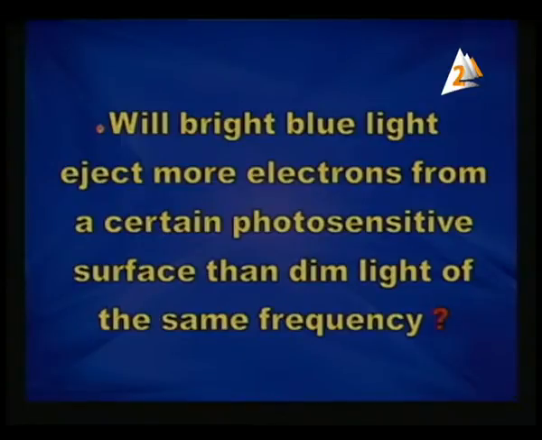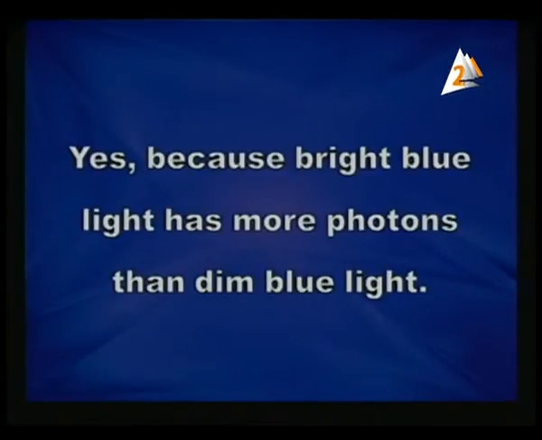But they differ in intensity, in the number of photons. Bright blue has many more photons. So will bright blue light eject more electrons than dim blue light? Of course, yes, because bright blue light has more photons than dim blue light.